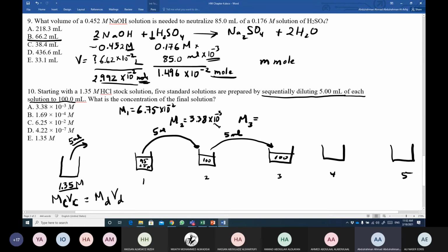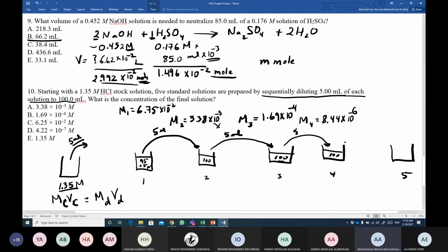This means multiply this by 5 and divide by 100. That's all. 1.69 times 10 to the power minus 4. Let's do it from here to here. What's M4? 8.44 times 10 to the power minus 6.